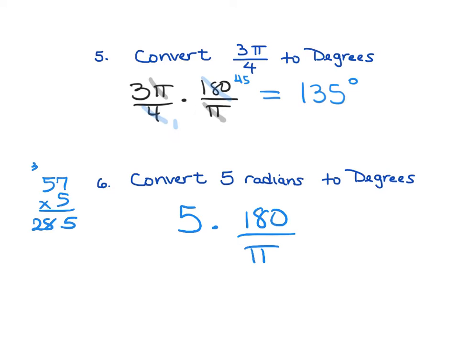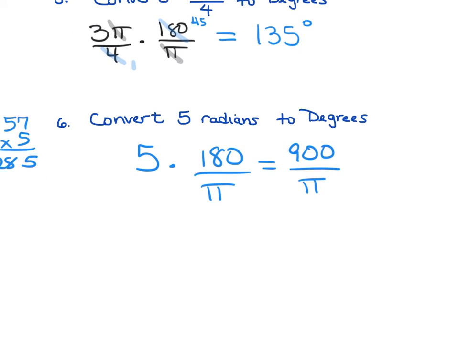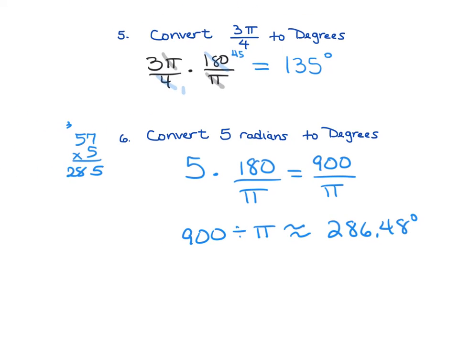No pi to cancel, so I'm going to multiply and get 900 over pi, and then to get my degree measure, I'm going to divide 900, and I'm going to use my pi button, and again I'm going to estimate this because it's going to be a decimal, 286.48 degrees. So over here when I estimated it with the 57, again my answer of 286 is reasonable.